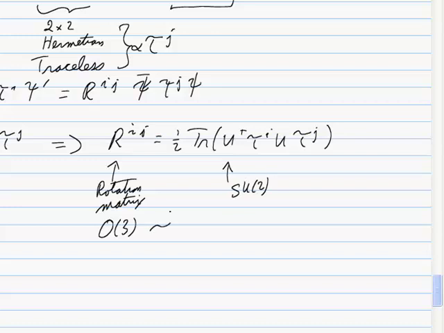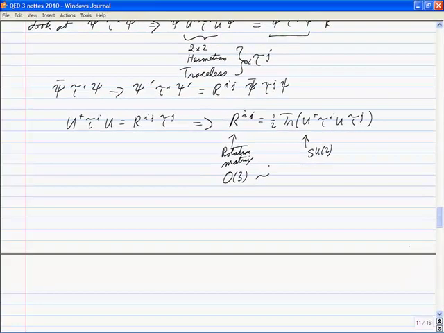And so there's this local isomorphism between SU(2) and O(3), but it's not an identity, because if I took U to be -1, then R is +1. So there's a sort of 2-to-1 mapping here. As I go around SU(2), there's one of those transformations where U turns into -1, and R is +1. So there's a 2-to-1 mapping. That's not relevant for our stuff, but that's what it is.